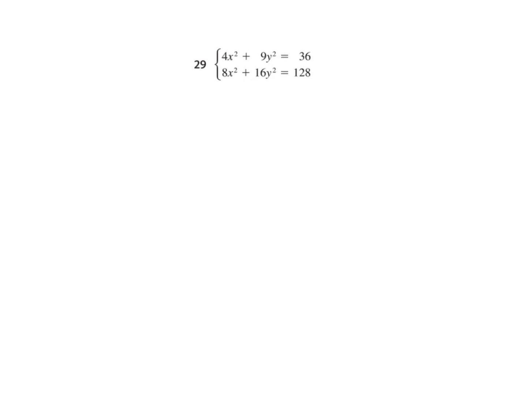Again, let's solve for a variable. If we take and divide everything by 8 on this equation, we get x squared plus 2y squared equals 16. So let's solve for x squared. X squared equals negative 2y squared plus 16.